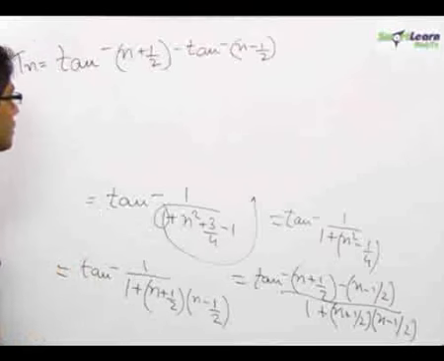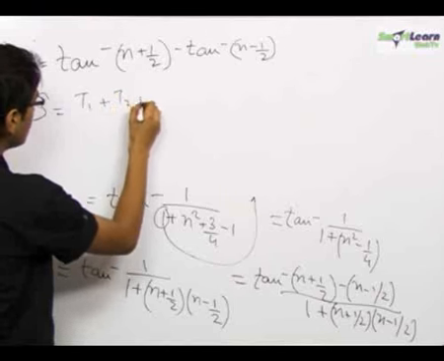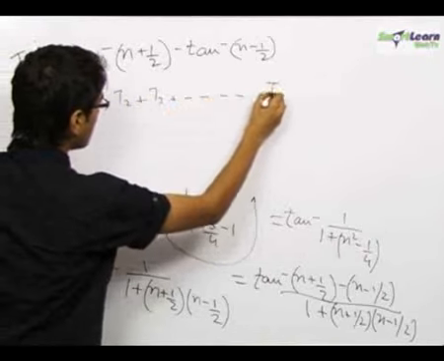Now this is the nth term of the series, and the sum of the series can be written as T1 plus T2 plus T3 up to Tn.